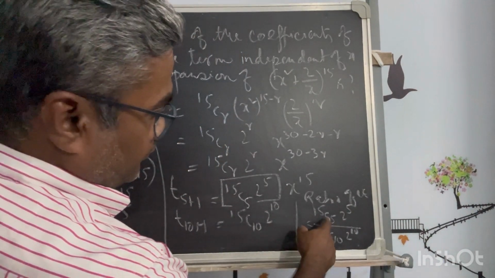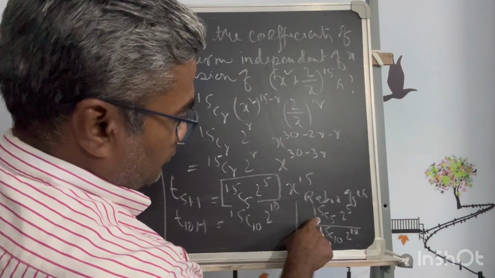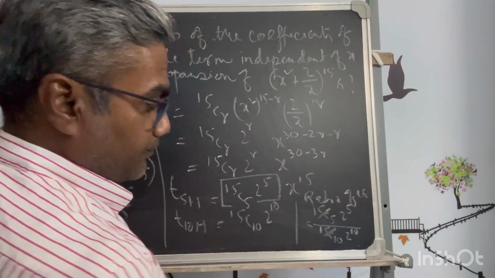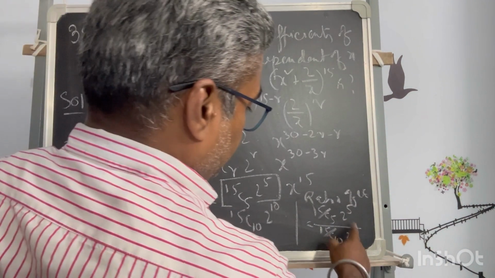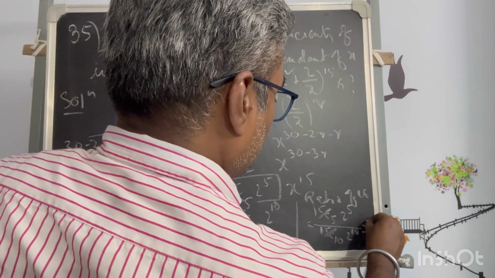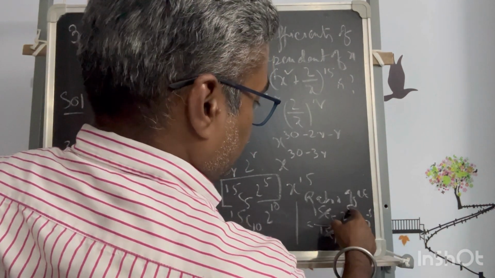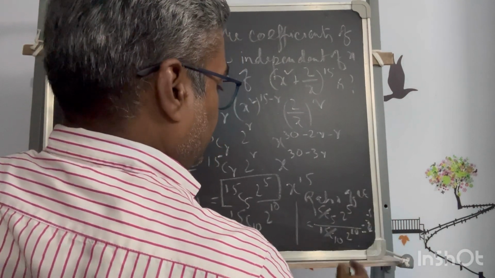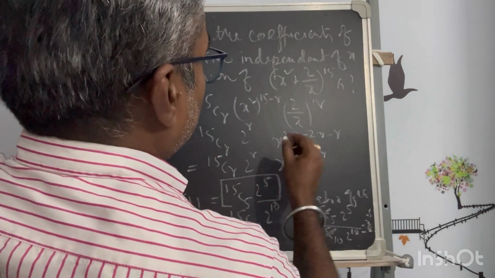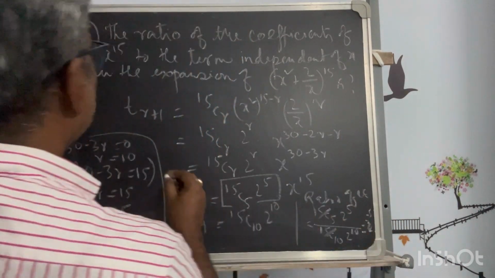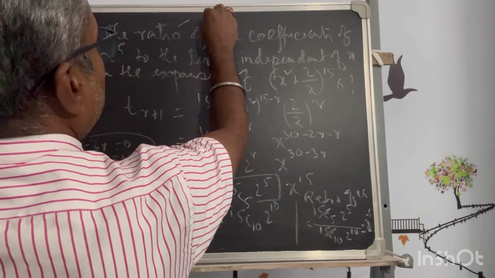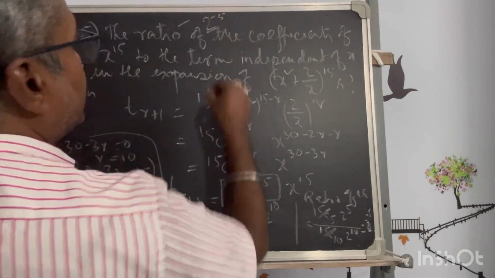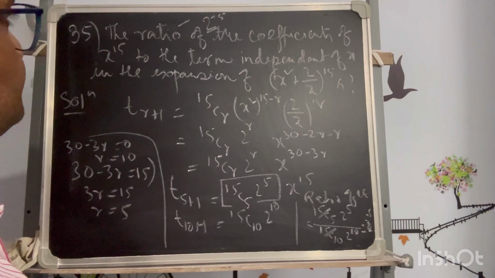Now you see 5 and 10 together give 15, so these are equal and I can eliminate them. Ultimately what remains is 2^5 by 2^10. If I adjust the power, it will be 2 to the power −5. So your ratio, the answer, will be 2^(−5). Okay.